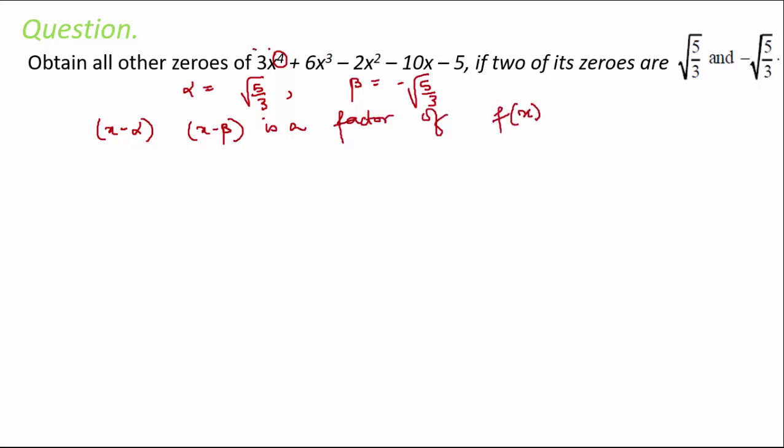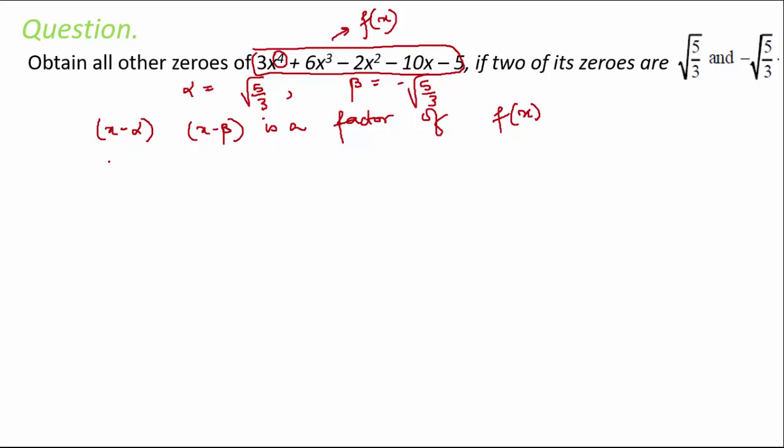So let's say we call this polynomial a function of x, right? Because since alpha and beta are the roots, that means if you put these values into this equation, the value of the equation will be 0. So basically this will divide the equation exactly. So we can say x minus alpha into x minus beta should be a factor of f(x), correct?